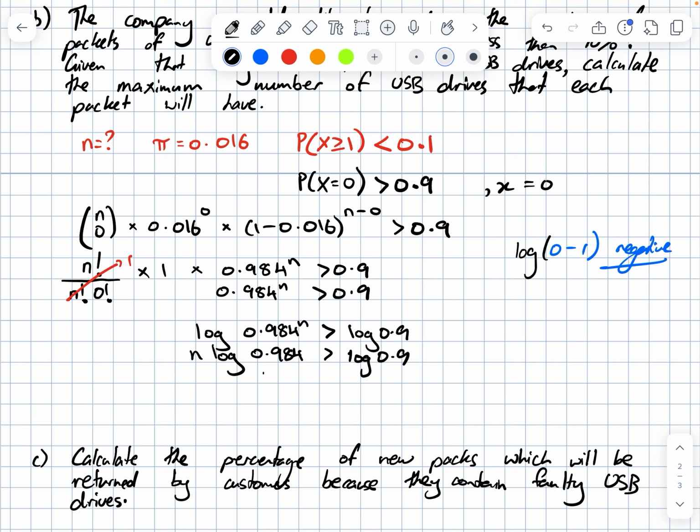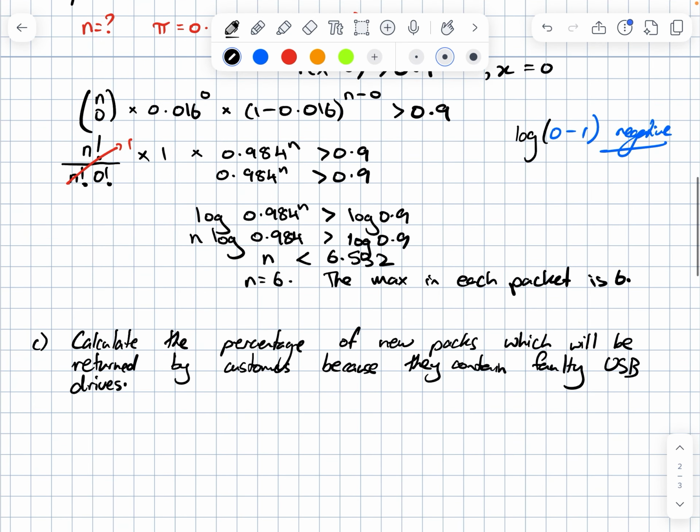Which means when we divide by this, we have to flip our sign. We're left with n is less than 6.532. Now we want the maximum number of USB drives, so the maximum number will be n equals 6. The maximum in each packet is 6.